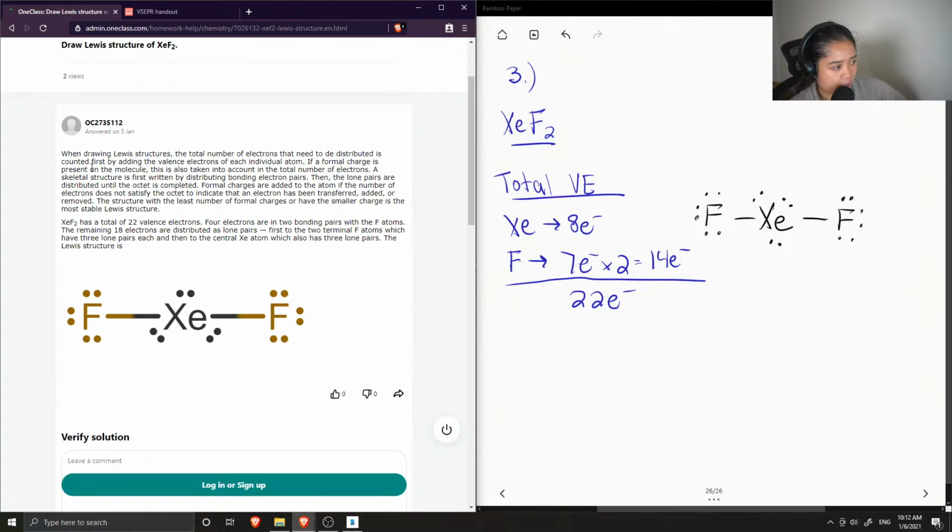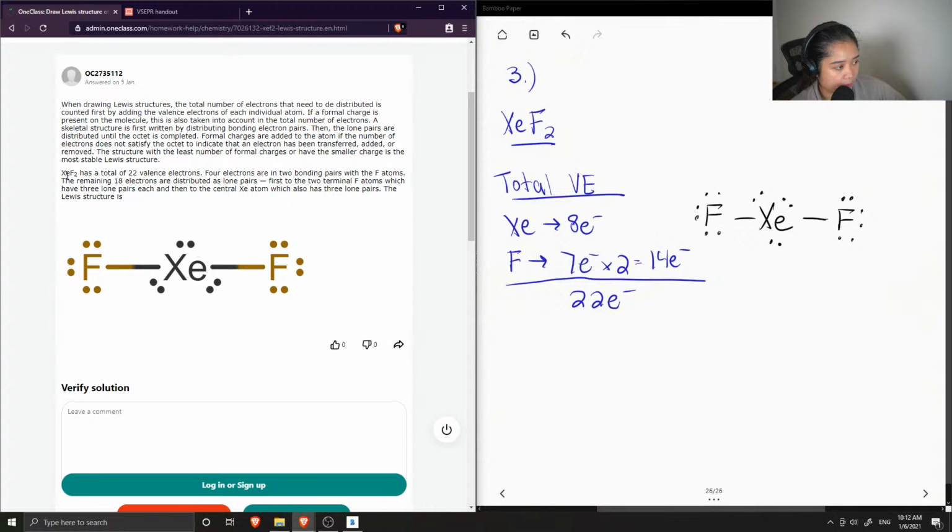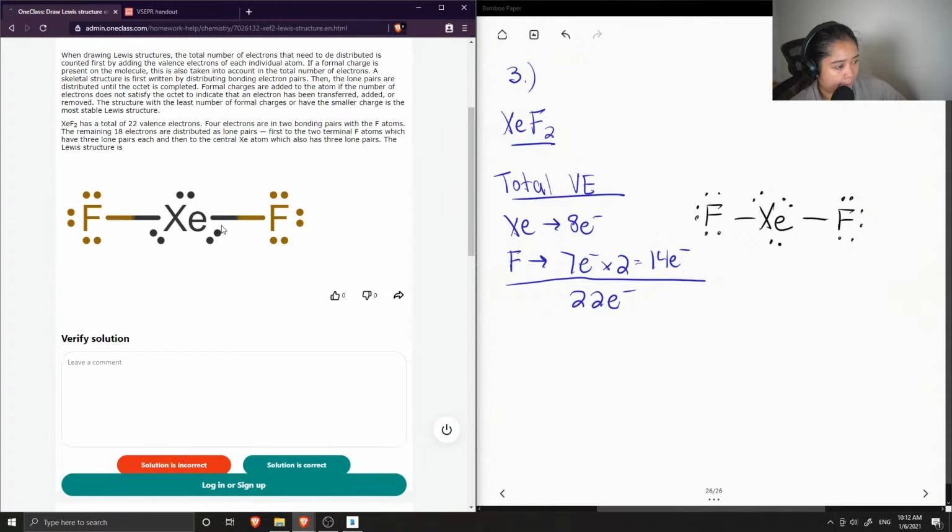If a formal charge is present on the molecule, this is also taken into account in the total number of electrons. A skeletal structure is first written by distributing bonding electron pairs. Then the lone pairs are distributed until the octet is completed. So xenon difluoride has 22, and they got the following Lewis structure, which is correct.